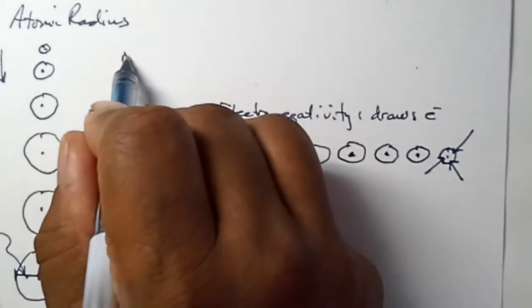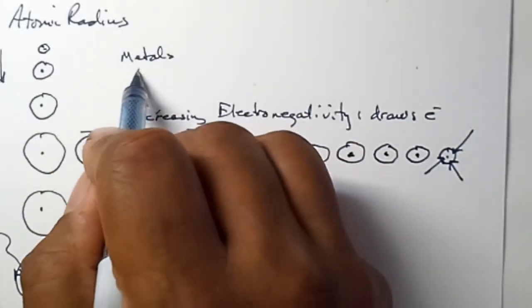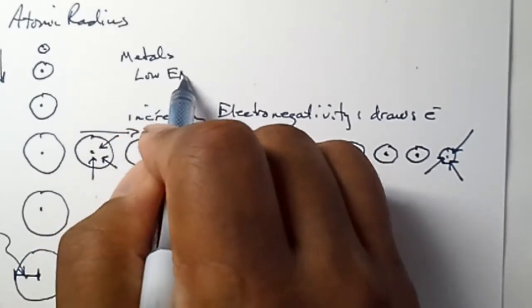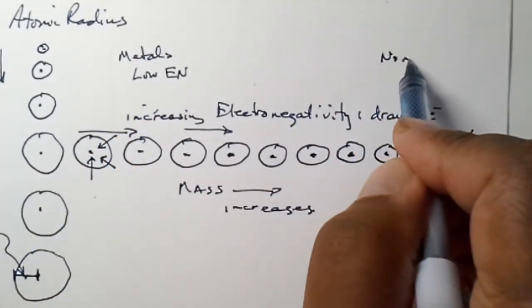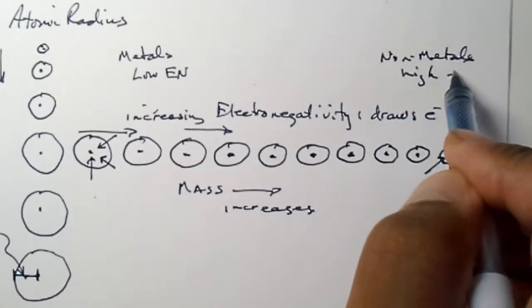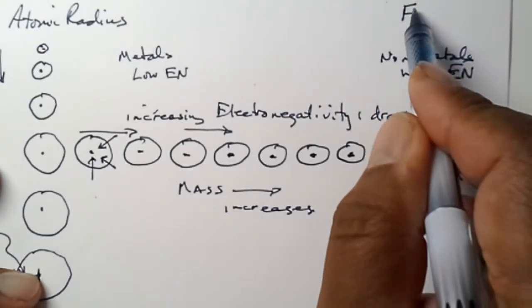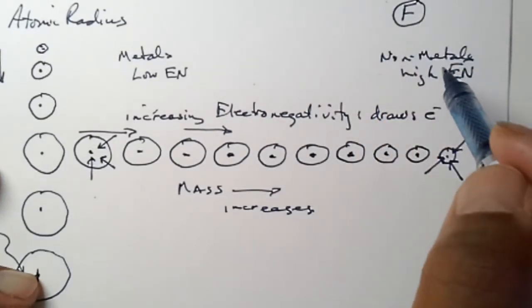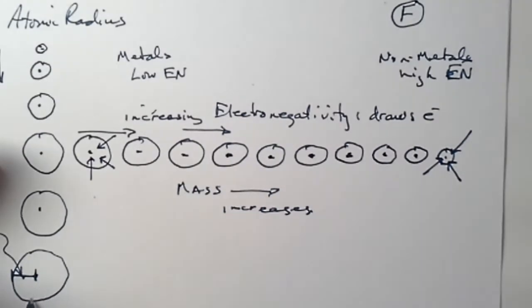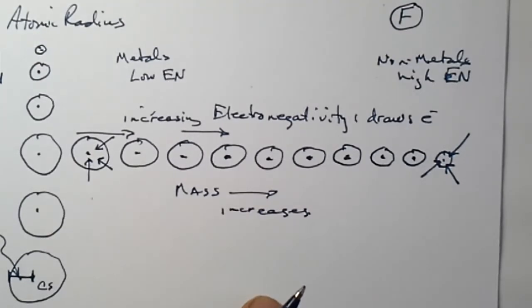You'll notice that most of our metals have a very low electronegativity, and our non-metals have a high electronegativity. Actually, one of the most electronegative is fluorine. The least, we'll put it here, is cesium. It's the least electronegative. What else?